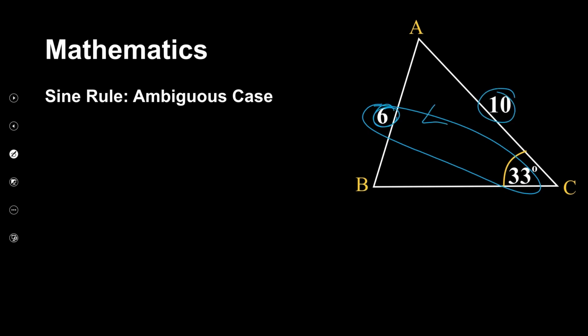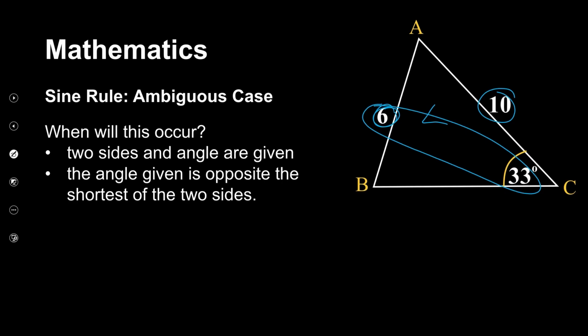So because 6 is less than 10, it will be the ambiguous case. In this case, we can draw two different triangles with the same information. This occurs when we have two sides and an angle, and like we said, we have the shortest of the two sides given.